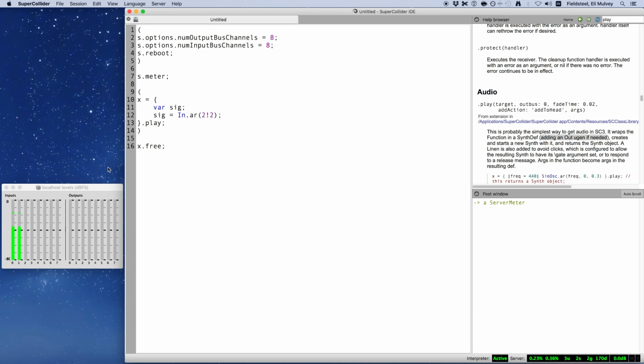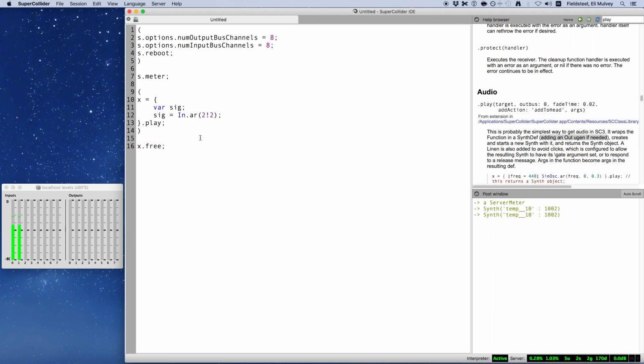So in this case, our previous example with In.ar 2 does not work. Audio bus 2 corresponds to this 3rd output channel here. And first of all, there's no signal on that channel. And frankly, I'm also not sure it makes a lot of sense to read from a hardware output bus.